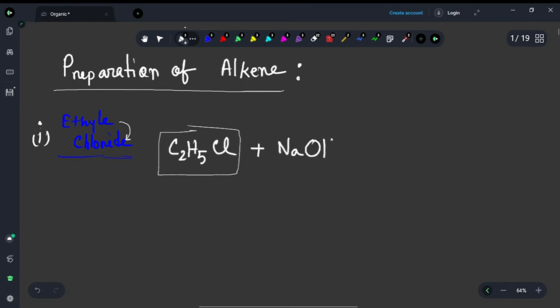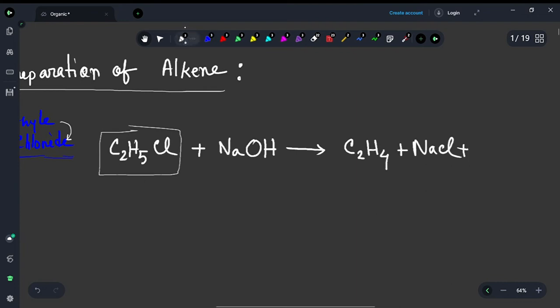So for the partner, we're adding OH, NaOH, and these two will react and they will produce ethene, that is C2H4, that is the ethene, and it will produce NaCl as expected, and the extra hydrogen will react with the OH, the hydroxide of the Na in the reactant, and produce H2O.